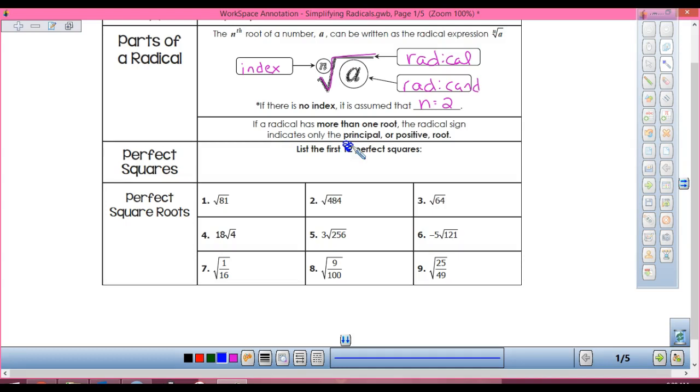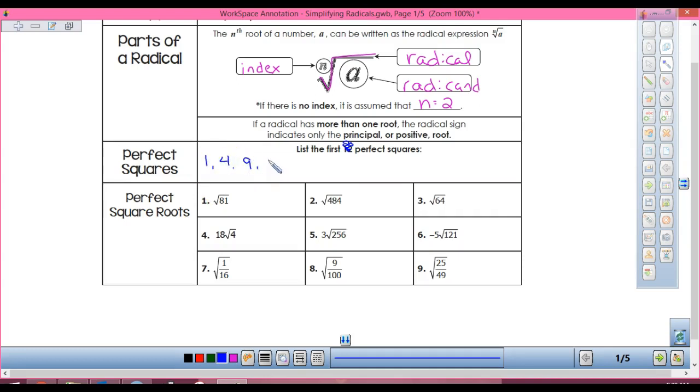Okay, so how do I find a perfect square? You take a number n and square it. So 1 squared is 1. So that's my first perfect square. 2 squared is 4. 3 squared is 9.